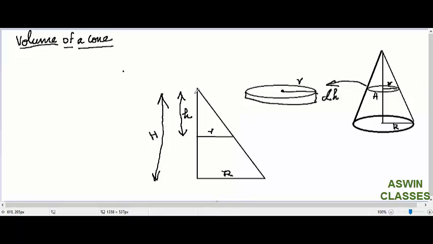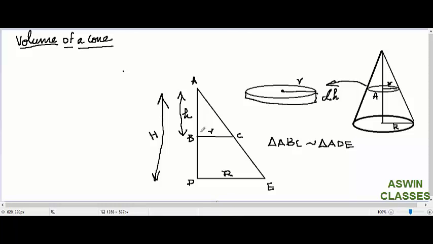You know that these two triangles are similar. I'm naming the triangles A, B, C, D, E. Triangle ABC is similar to triangle ADE.